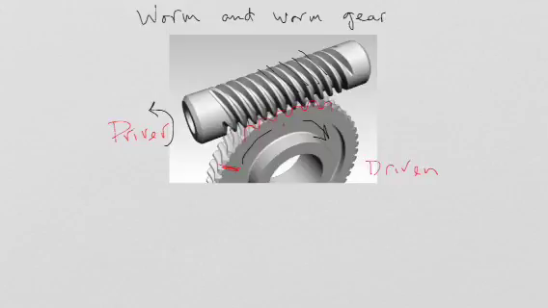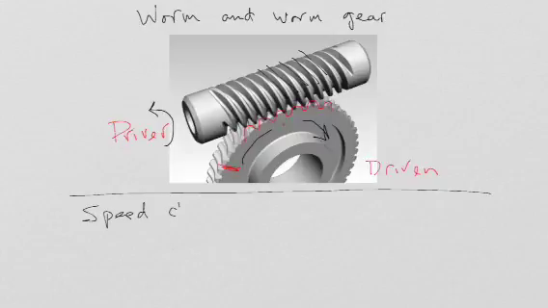So changing gears, we're going to talk about speed changes, and we're going to use this image because we've already got it up here. Speed changes in a worm and worm gear system are pretty easy. If you change the speed at which one of the components is turning, it's going to affect the other component.